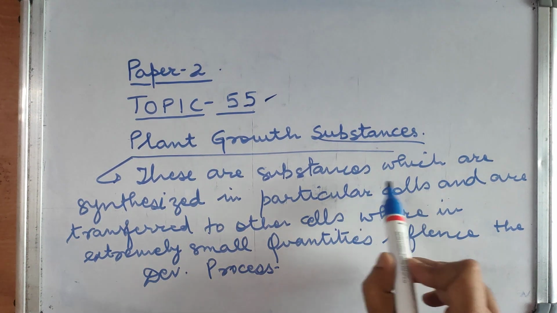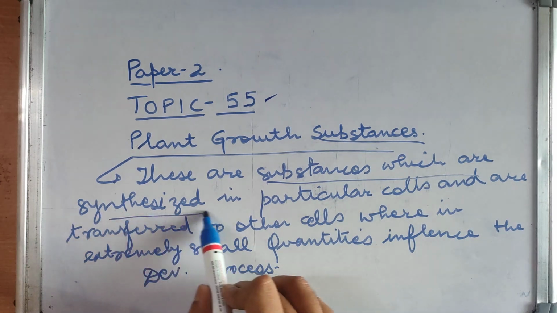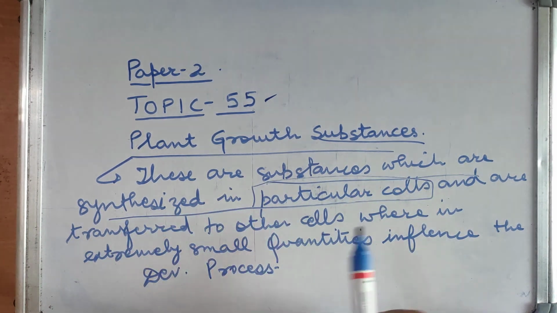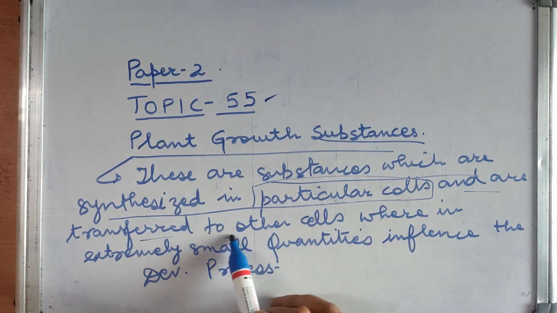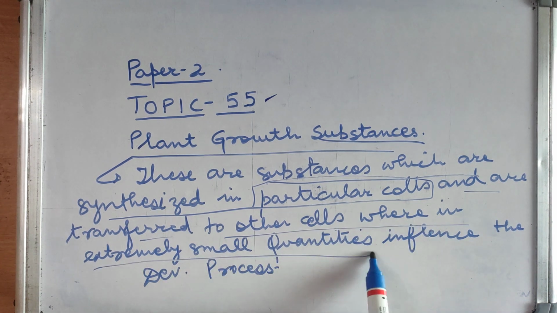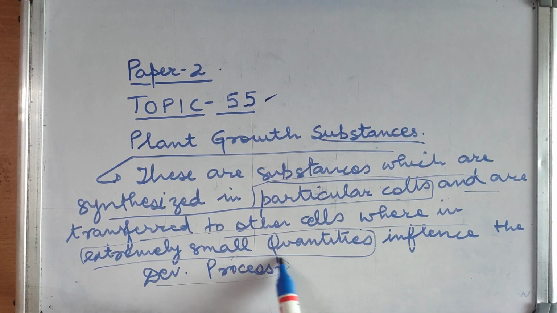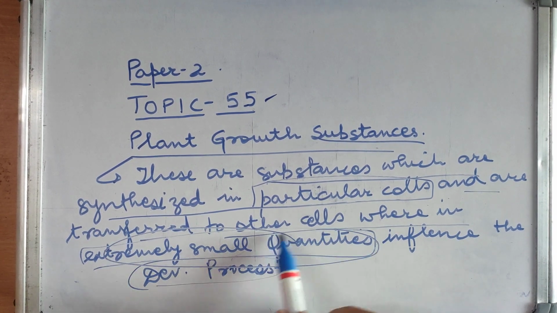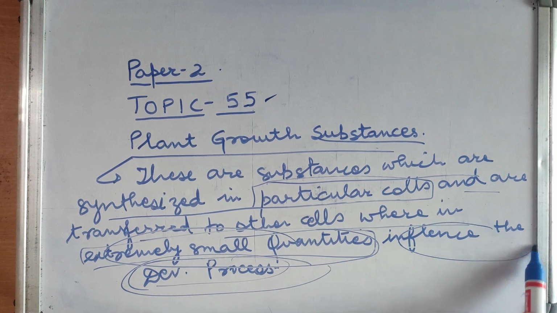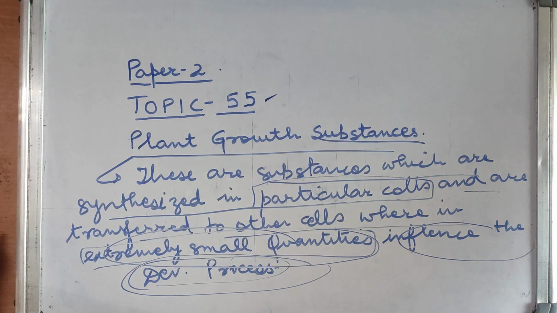So plant growth substances are synthesized in particular cells and transferred to other cells, and in only very small quantities they influence the developmental process. So this was the definition of plant growth substances.